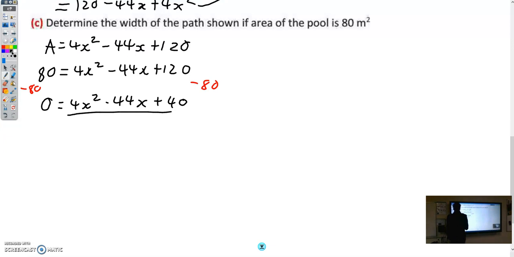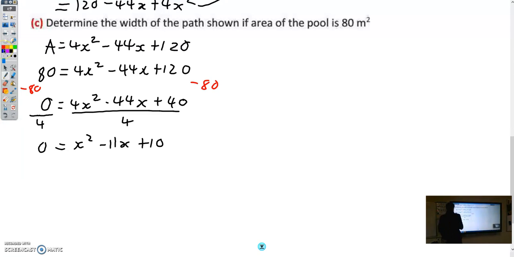Now I can see a common factor that I'm going to divide out straight away. So by dividing by 4, I can simplify this equation to say 0 equals x squared minus 11x plus 10.